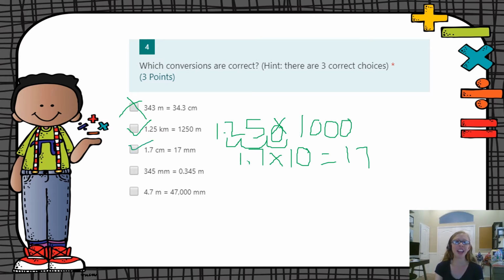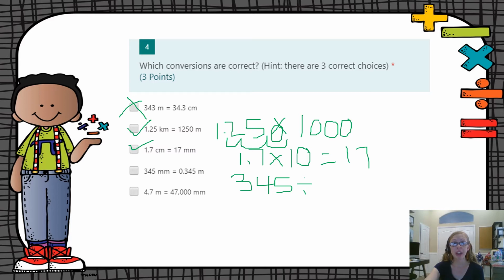And finally, 345 millimeters equals 0.345 meters. Well, this is looking promising. 345 millimeters. Since I'm going from a smaller to a bigger unit this time, I use the opposite operation. I'm going to divide by my conversion factor this time.